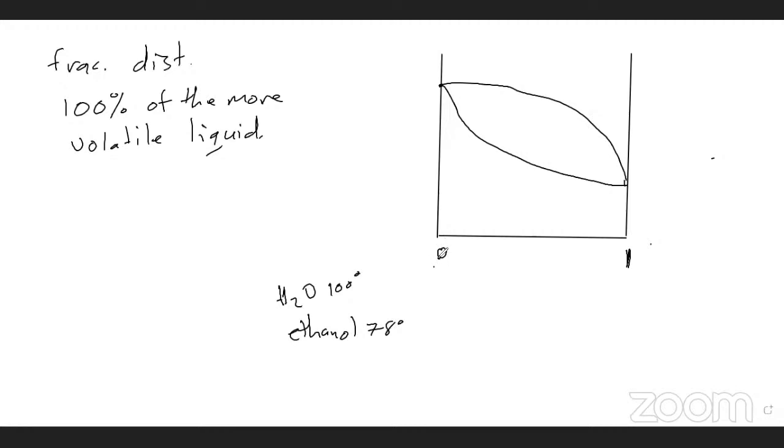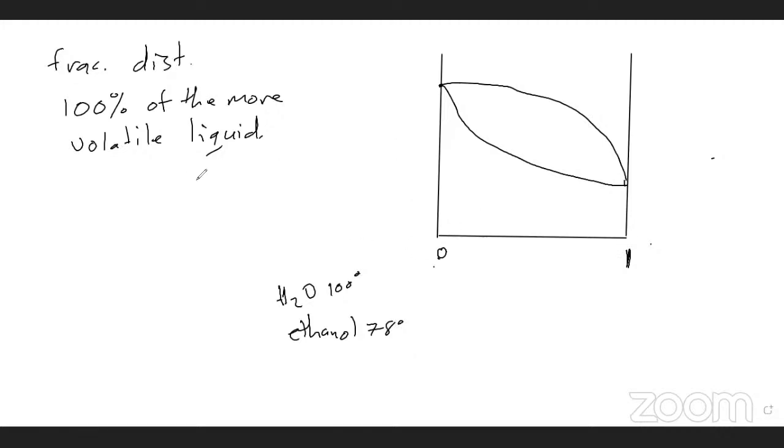So you have a mixture that is just water only. When you get to this end, you just have ethanol only. So anywhere on this line is a mixture of alcohol and water. But at the very start is just water, and at the very end, you would have completely separated the mixture and have only alcohol.